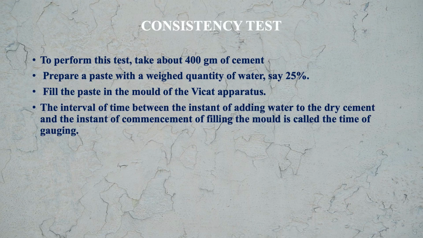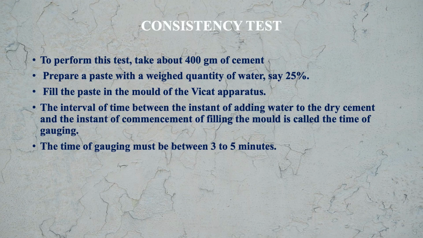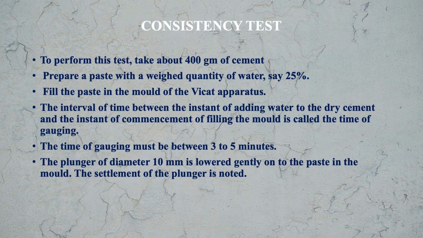The interval of time between the instant of adding water to the dry cement and the instant of commencement of filling the mold is called the time of gauging. This time of gauging must be between 3 to 5 minutes. The plunger of 10 mm diameter is lowered gently onto the paste in the mold. The settlement of the plunger is noted. So this is the method.